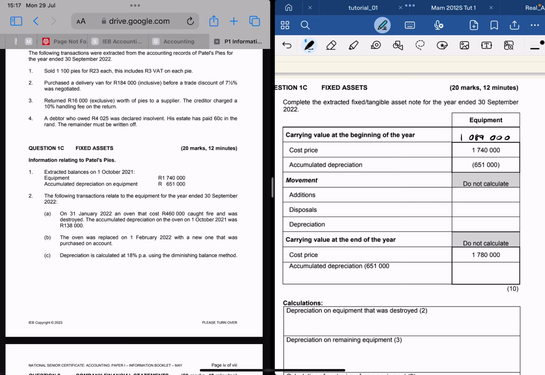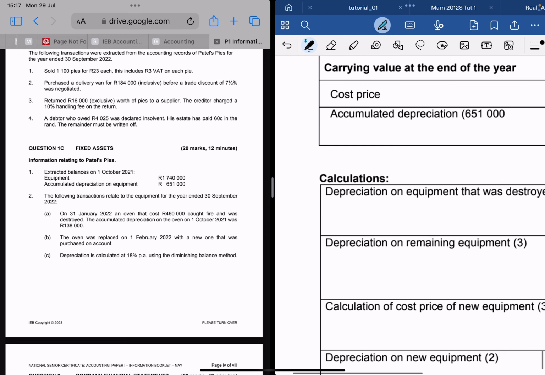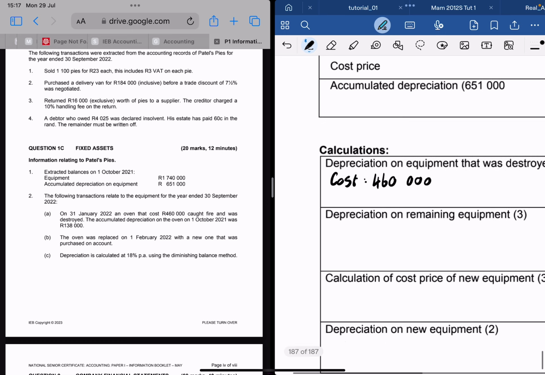Okay. First thing we notice, we come here to depreciation on equipment that was destroyed. First thing I'd write down is cost. Cost was 460,000. Brilliant. Accumulated depreciation was 138,000.